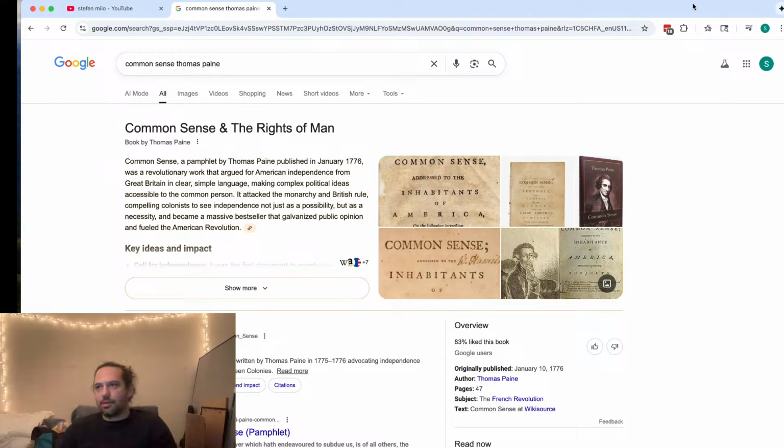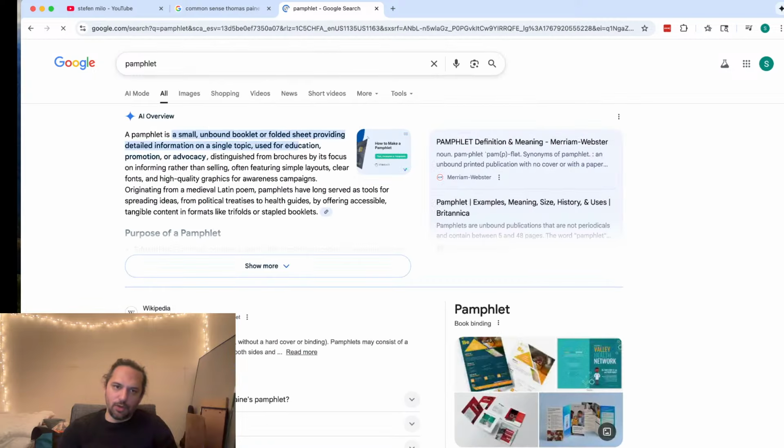You have to realize two things to start. First, what is a pamphlet? The history of the pamphlet is actually very interesting. To give some context, pamphlets were very good for politics, let's put it that way.